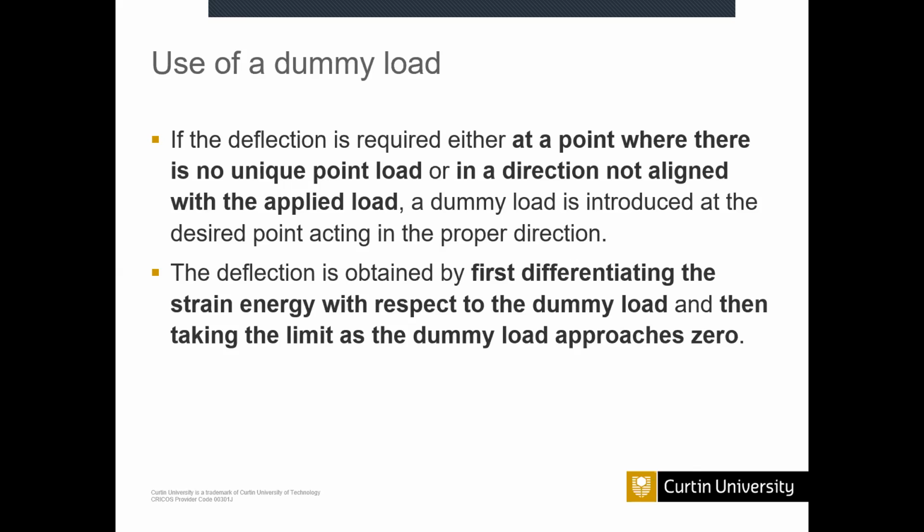So you will use the dummy load to find the first derivative with respect to the dummy load. Then you need to set the dummy load equal to zero. With the sentence you will not easily grasp it, but when we deal with the question, you will easily grasp what I explained here. Okay.